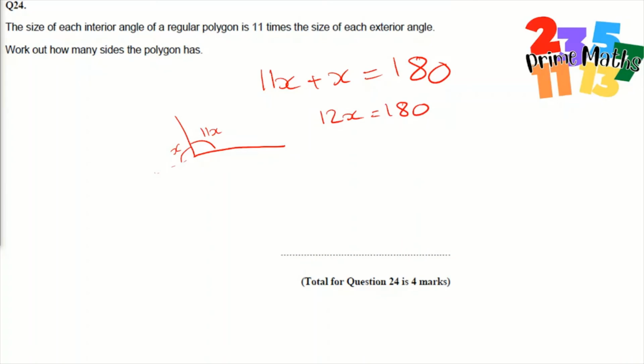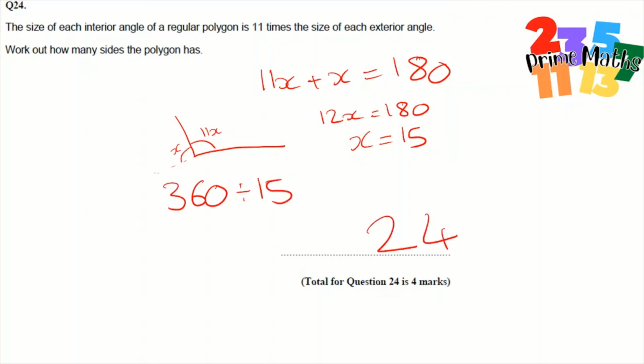And if we divide by 12, 180 divided by 12 gives us that x is equal to 15. So our exterior angle of our shape is 15. Total exterior angles is 360, so to work out the number of sides, I do 360 divided by 15, which is 24.